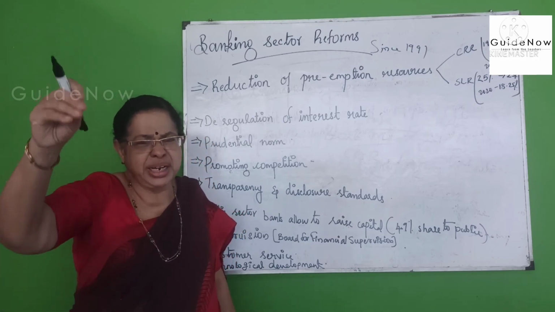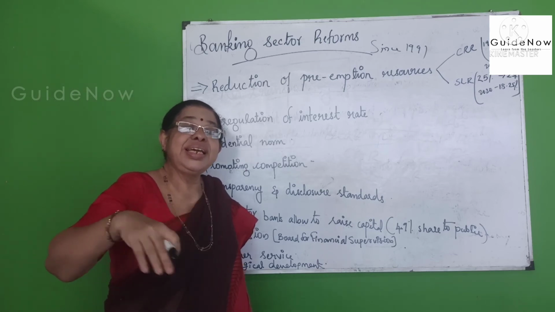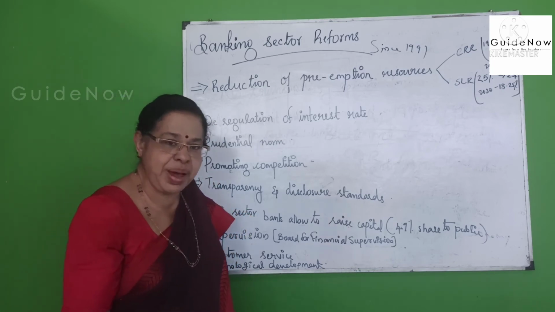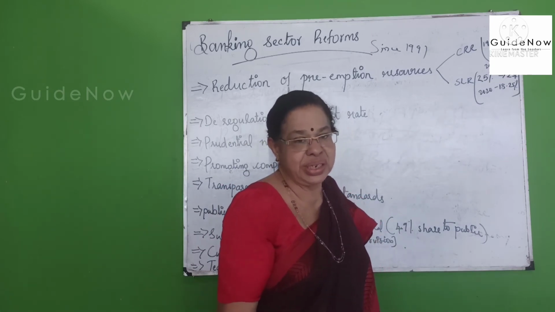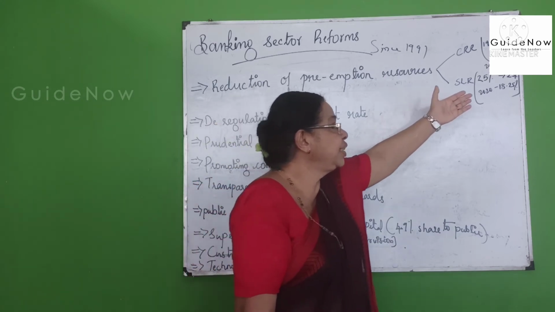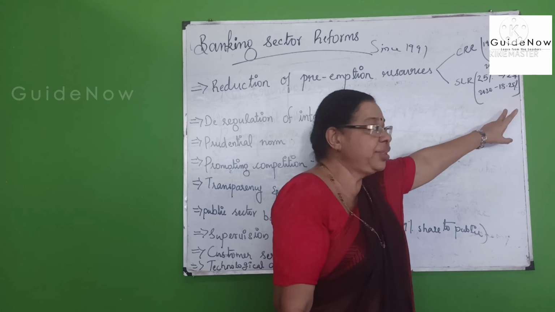That is, the government is always reducing it, and this deregulation may increase the profitability of the bank. That's one part. The other resource is the SLR, the statutory liquidity ratio. Before 1991 it was 25%. Then it was reduced during 1991 to 23%.